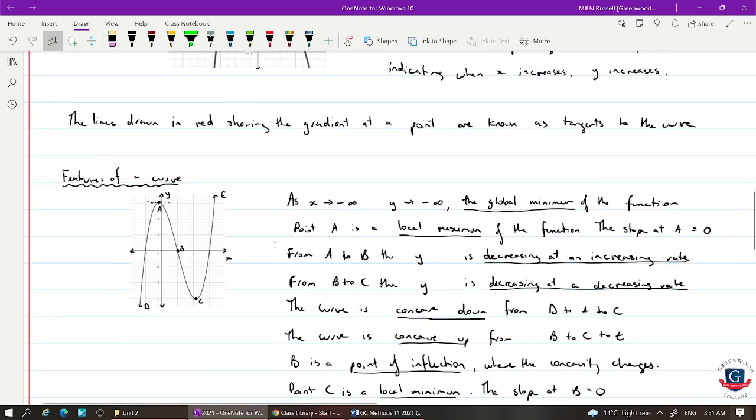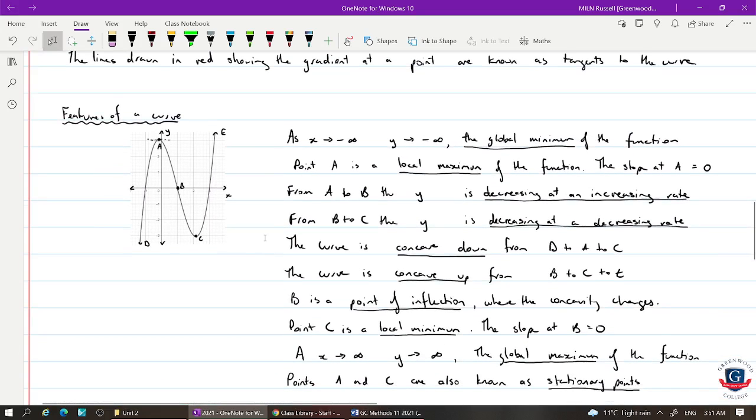Okay, so let's look at the features of a curve. As x tends to negative infinity, we can see that y is also going towards negative infinity, and that's what this first statement says. That would be the global minimum of this function, where the y value is at its most negative value.